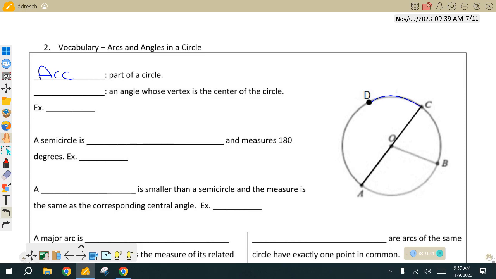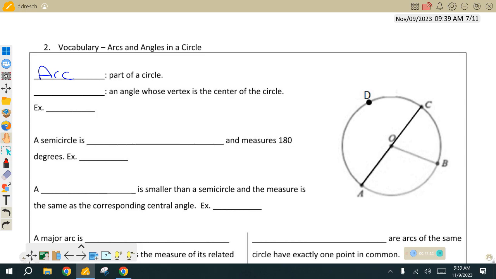Part of a circle is what we call an arc. And that is measured in terms of degrees. And how many degrees in a circle? 360. So as we're going to see today, arcs are measured in degrees, out of 360.